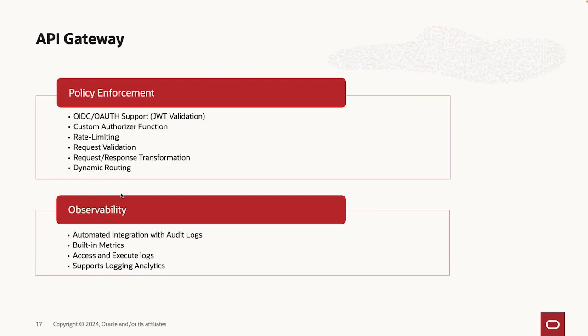For example, I want to monitor average response time, or how many failed requests were served by the API gateway instance. You can see all of that data through the Logging Analytics dashboard, or you can take those logs from OCI Logging to your preferred SIEM solution and view that data from the SIEM service.